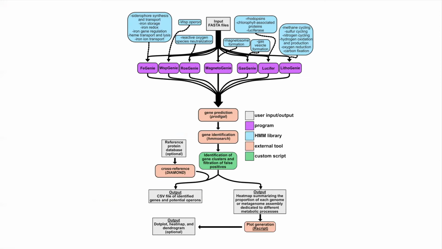You need to provide assemblies, and this could be metagenome or metatranscriptome assemblies or a genome. So the workflow is essentially the same, with the only difference being that instead of having one database of HMMs representing iron genes, you have collections of HMMs representing various other processes.